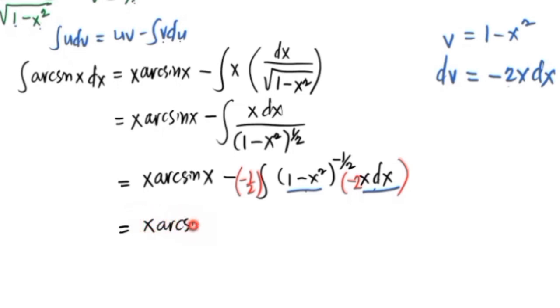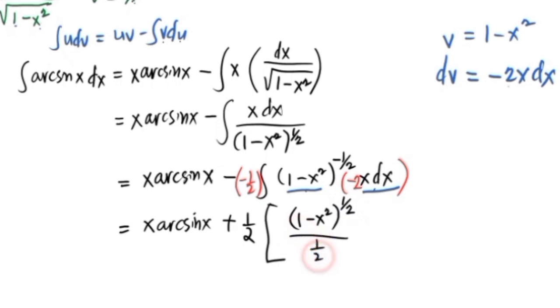So x arc sine x, negative times negative, so that's positive 1/2. General power formula, we have 1 minus x squared and plus 1, so that's negative 1/2 plus 1, so it's positive 1/2 over 1/2 plus c.